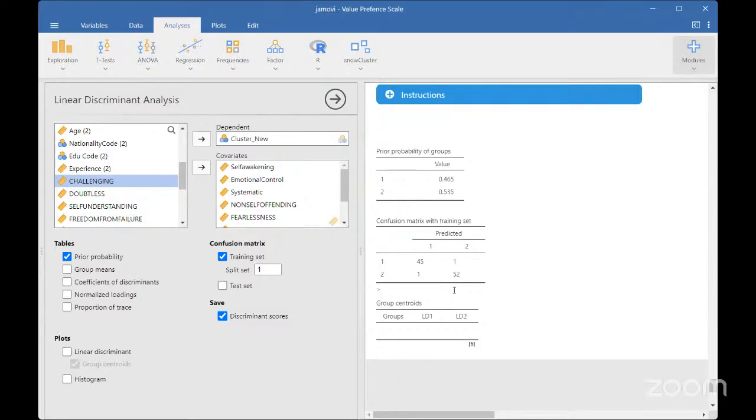Is it clear to all of you? Yes, sir. So this is all about the artificial intelligence model for classification of people based upon the path-oriented values.